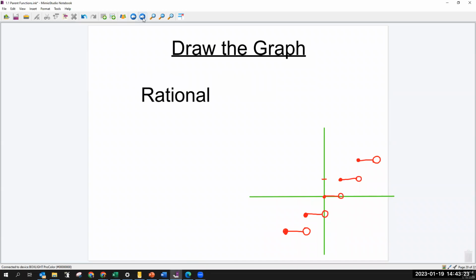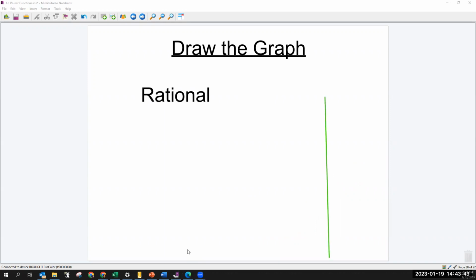All right, go ahead and pause the video and try rational. So rational kind of hugs the x-axis and then the y-axis, and then comes down here, hugs the y-axis, and then the x-axis.